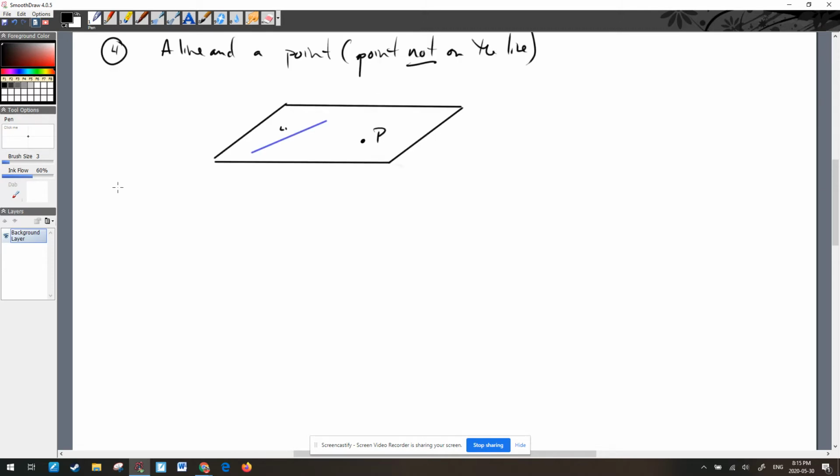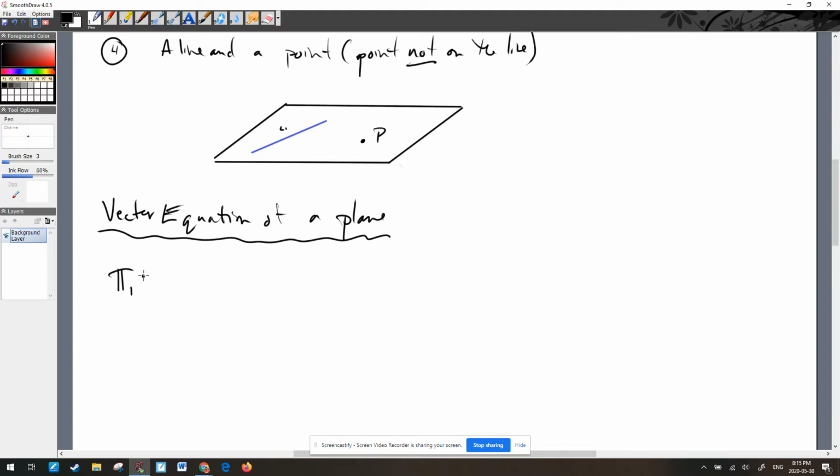Now, let's talk about the vector equations of a plane. So if we think about the vector equation of a plane, we're going to say plane 1, and this is how we're going to define it.